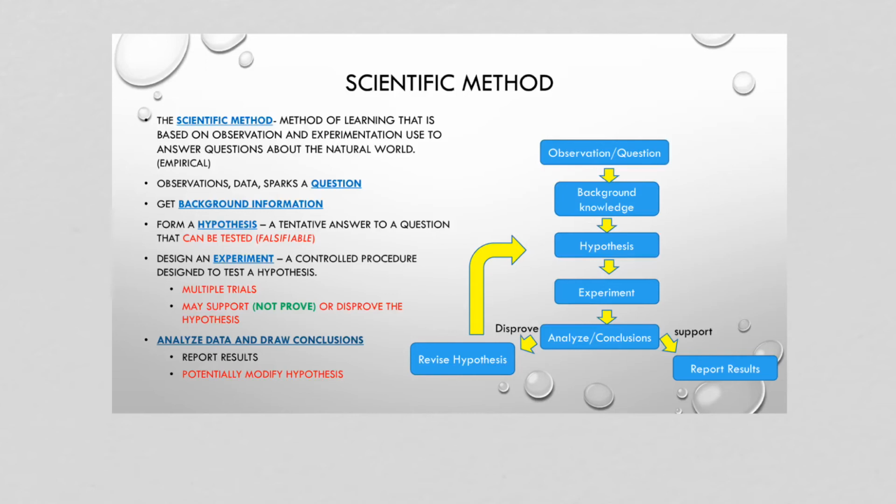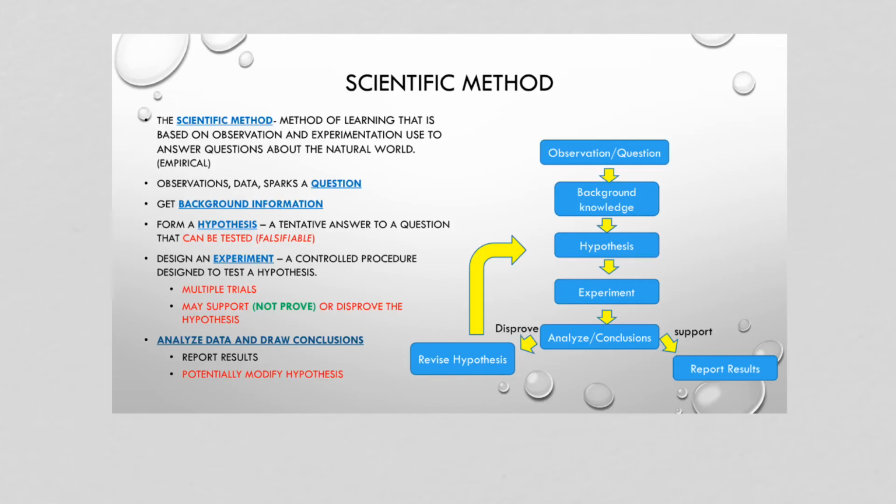However, if your experimental results don't support your hypothesis, or they disprove your hypothesis, you can revise that hypothesis and go back to the hypothesis step, come up with a different experiment, or repeat the experiment to see if your revised hypothesis is supported.